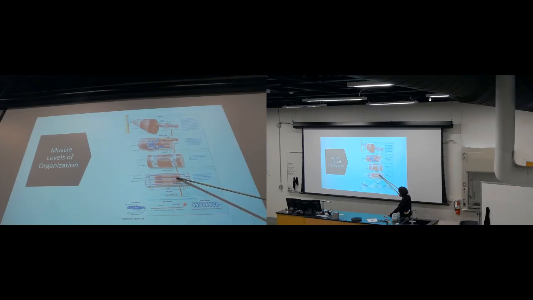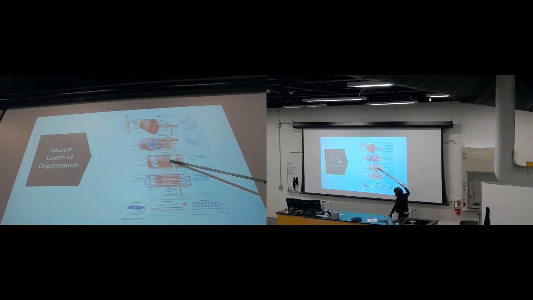We have a thick protein, which is myosin, and a thin protein called actin, plus other proteins that hold these in their corresponding areas, which is titin, for instance. This is an elastic protein that anchors the myosin to this band here and this band here.